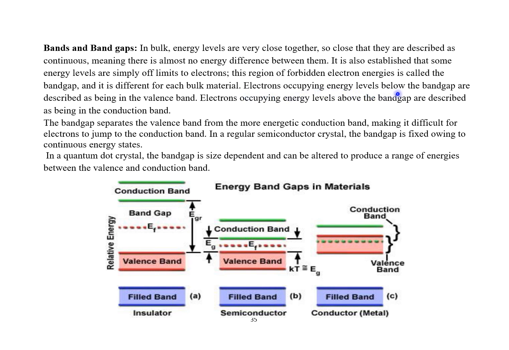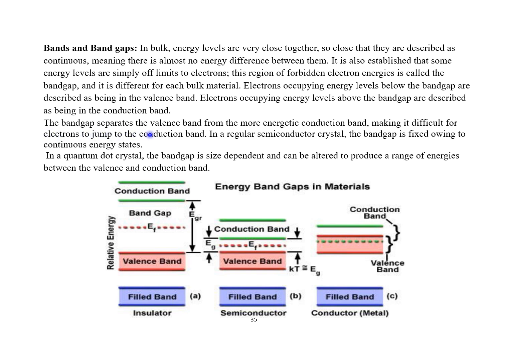Electrons occupying energy levels below the band gap are described as being in the valence band. Electrons occupying energy levels above the band gap are described as being in the conduction band. فالإلكترونز اللي يكونون above the band gap يكونون بالconduction band. Energies يكونون below the band gap يكونون بالvalence band.